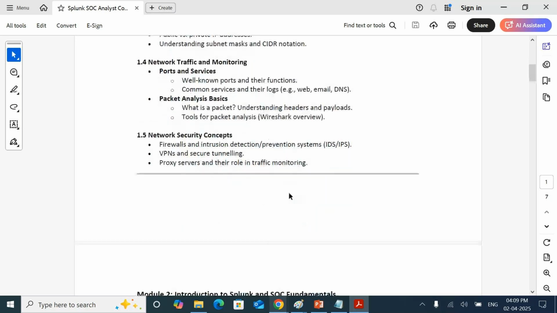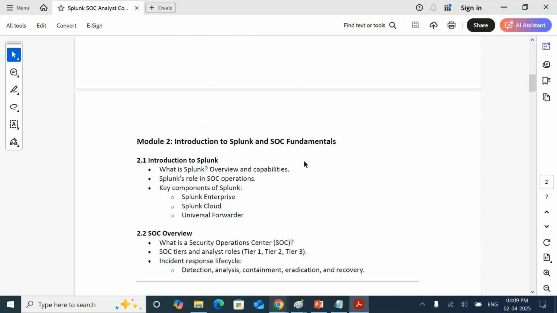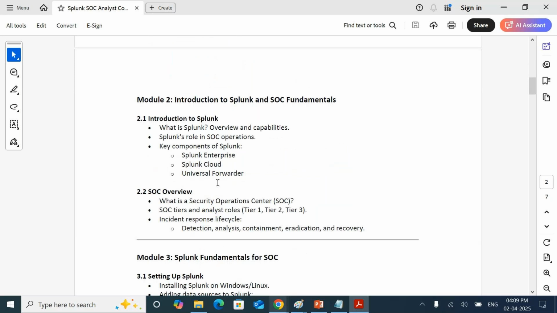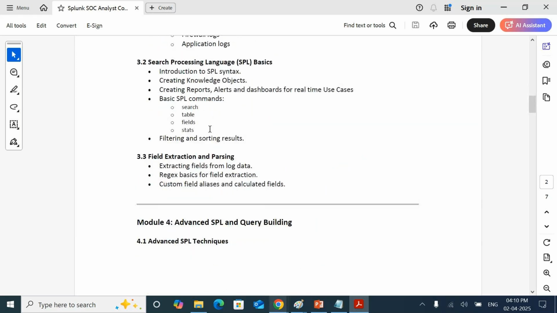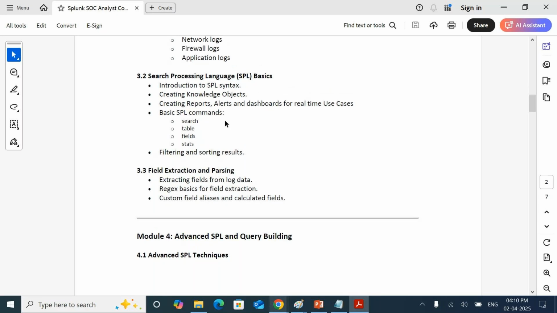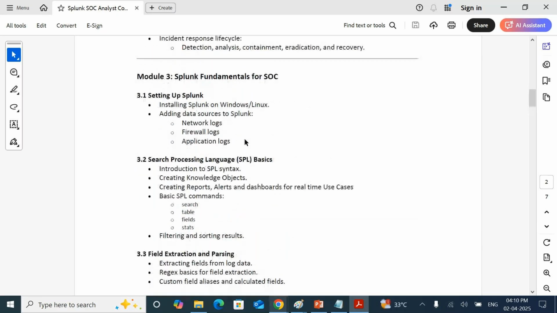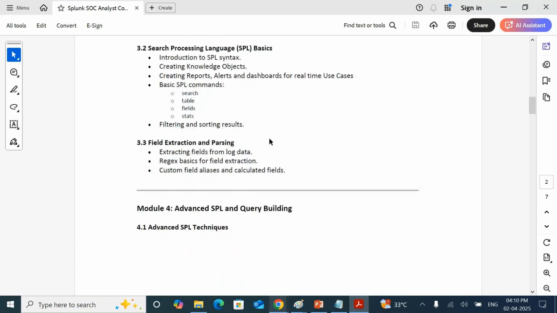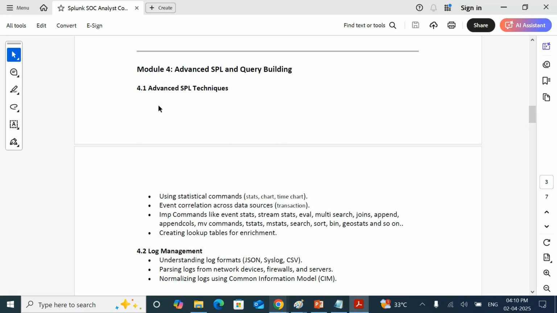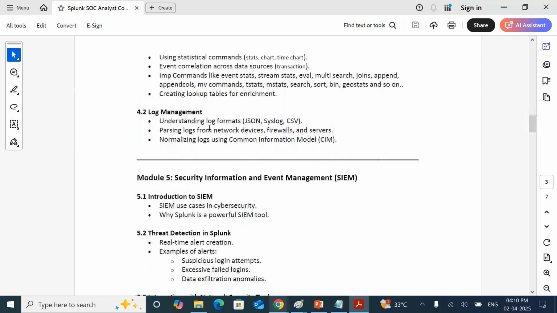We will also discuss Splunk SOC fundamentals: Splunk fundamentals and architectures, SPL queries in Splunk, installation and querying the data, collecting the data, and extracting, transforming, parsing, and creating different fields. We will also cover advanced SPL techniques and log management.